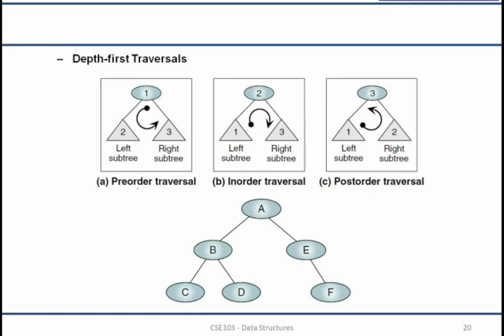If you are visiting the root node first, then it is called pre-order. If you visit the left subtree, then the root, then the right subtree, it is in-order. And post-order means we will visit the root node at the end. So we will visit the left node first, then the right node, then the root node. So this is called post-order traversal.